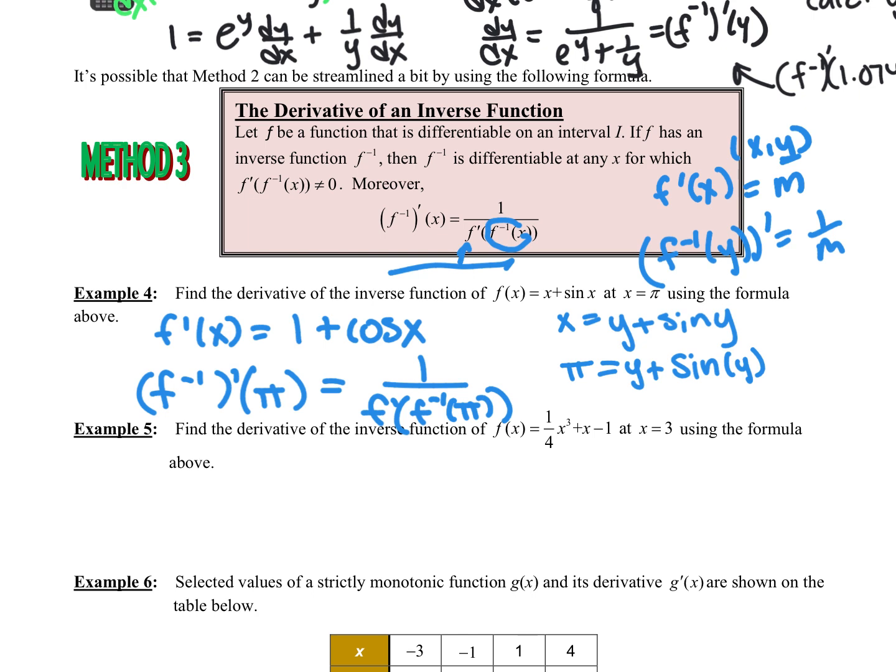And you could solve this with your calculator, but it actually might be a little bit easier just to do in your head, because if you think about this, okay, we need to get pi. Well, if you plug pi into sine, that's 0, and then you add pi again, then you get that. So this is y equals pi. So you can solve that in your calculator, but it might actually be easier to solve in your head. Okay.